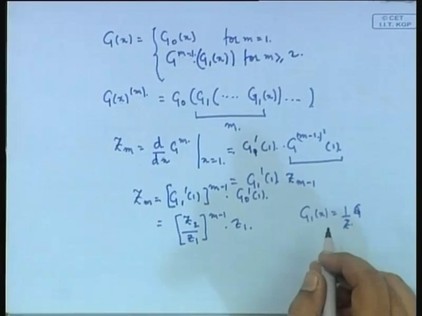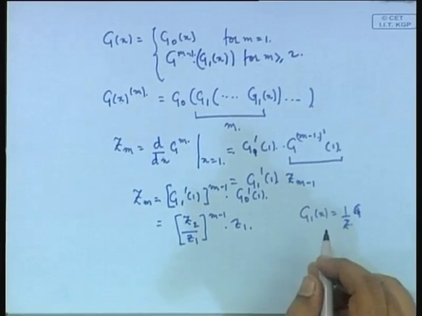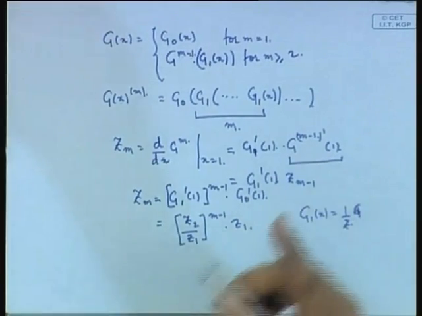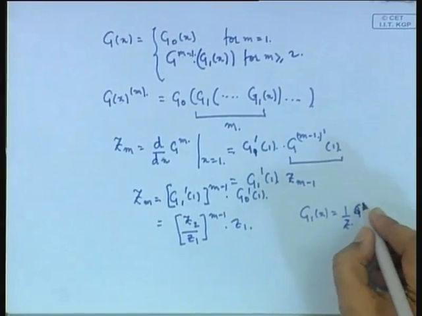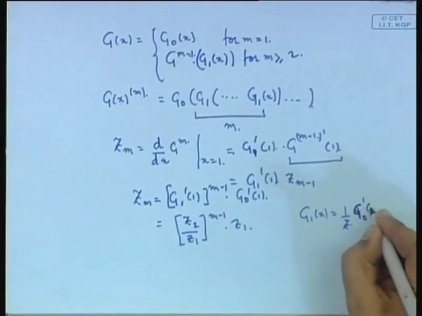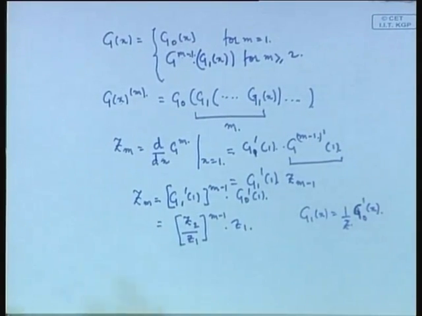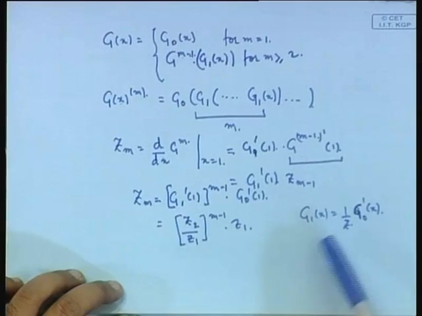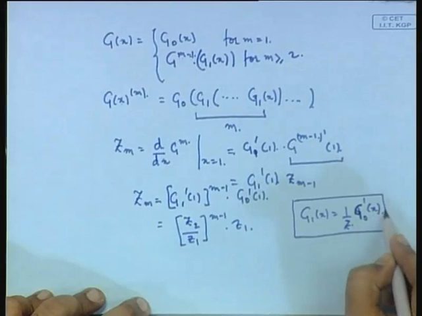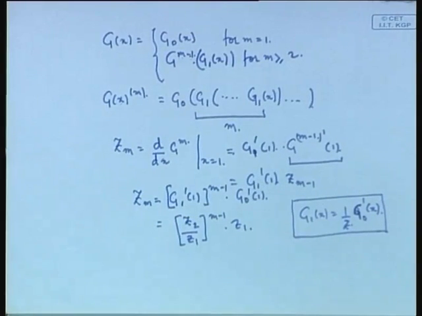Please remember and tell me. 1 by z into kpk was there, so that was G0 dash x. Z1 x was 1 by z.